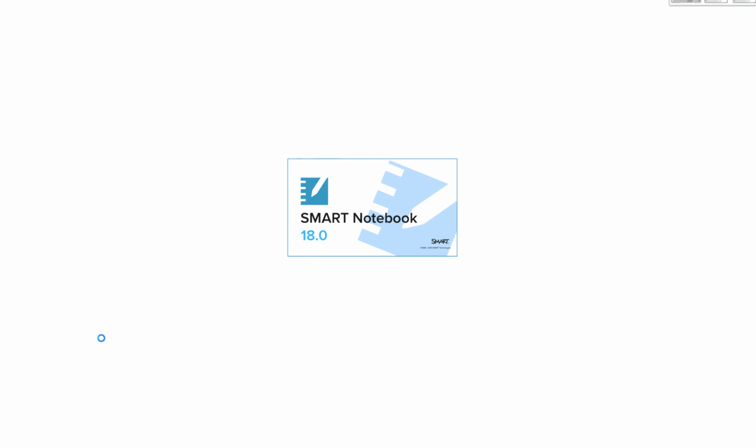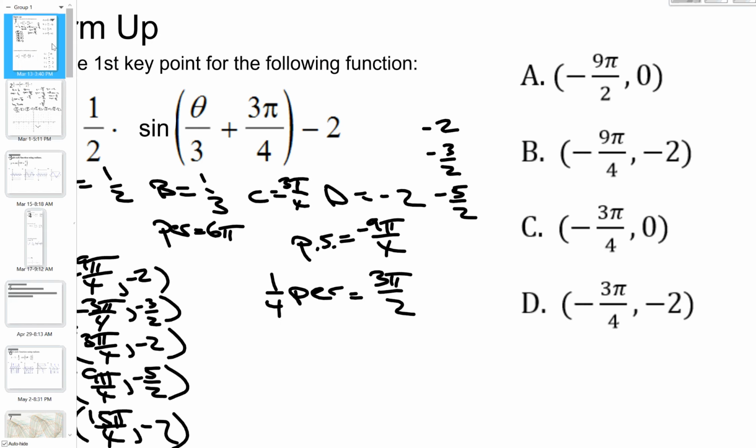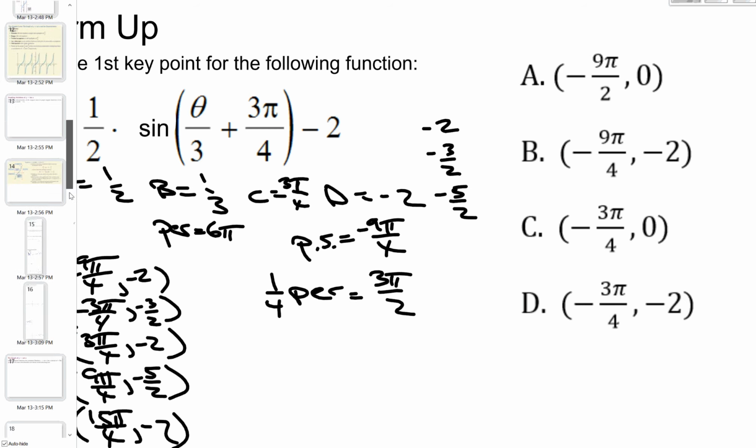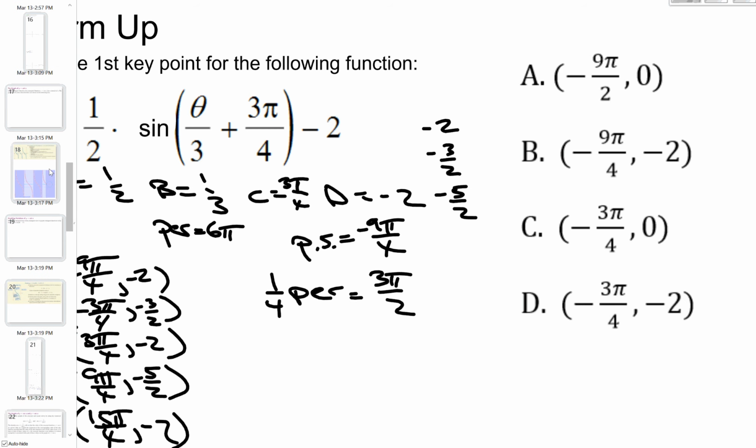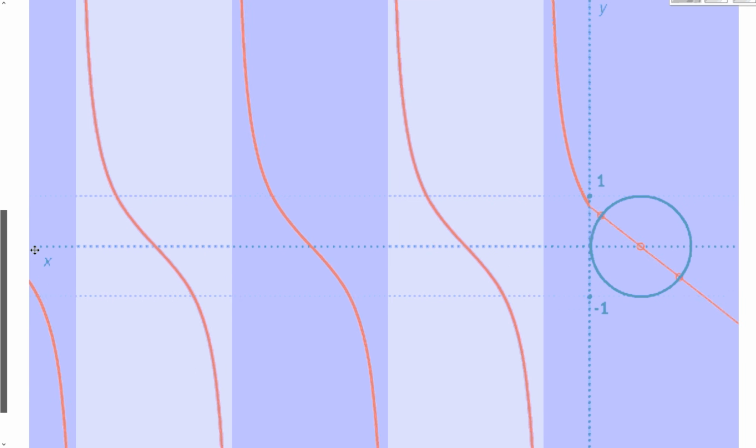Okay, so let's try to jump right back into this, and we'll pop to the page that we left off on, which was we were talking about our cotangents. And here was the graphic that I was trying to show you.